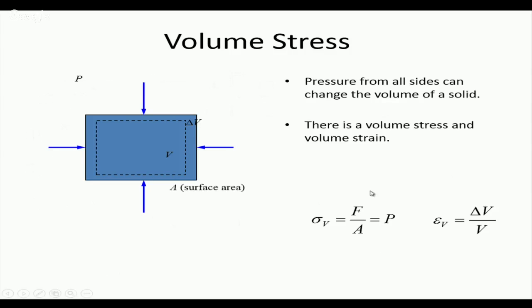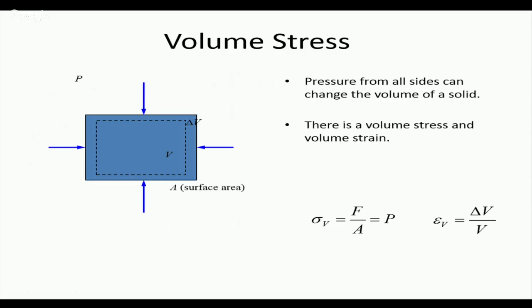Volume stresses can also be calculated when the body is subject to pressure from all sides. So there is a change in volume in the solid. You will see later on that a change in shape may be accompanied by a change in volume, or it may be purely a change in shape, with no change in volume.